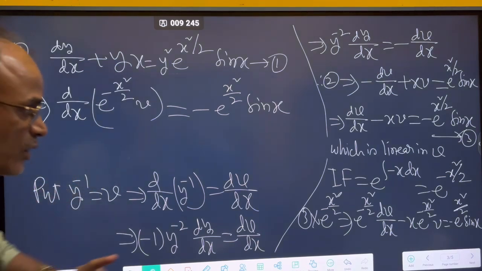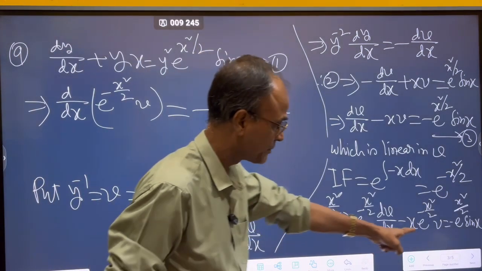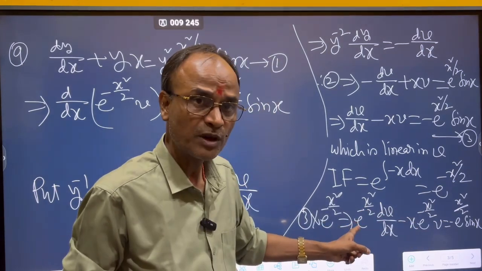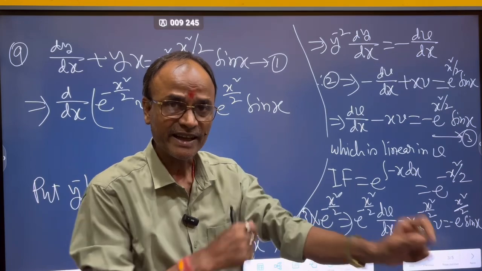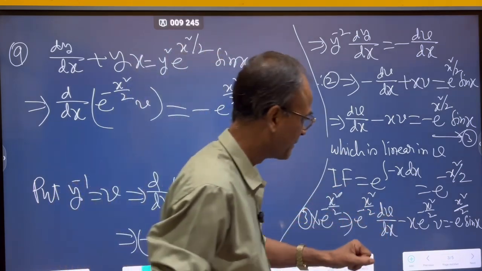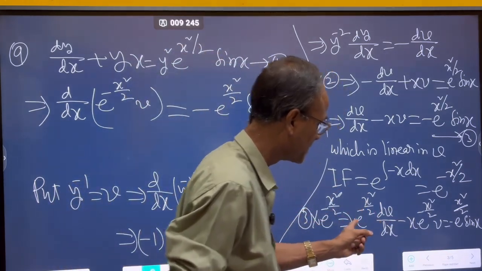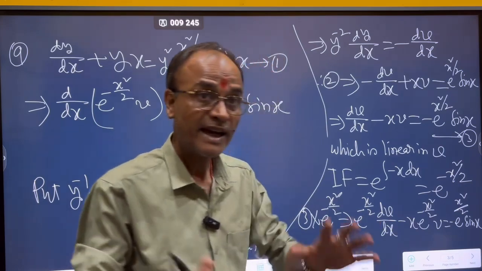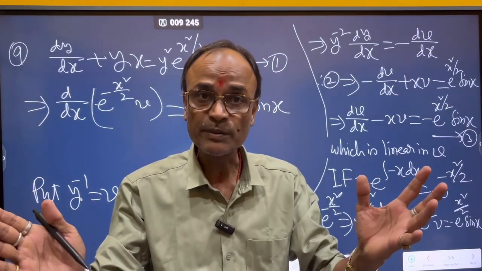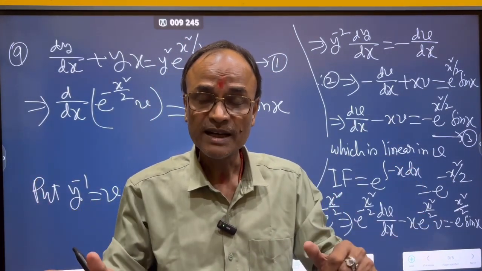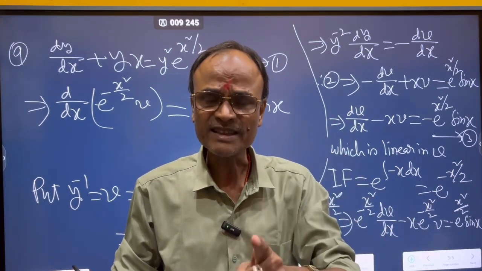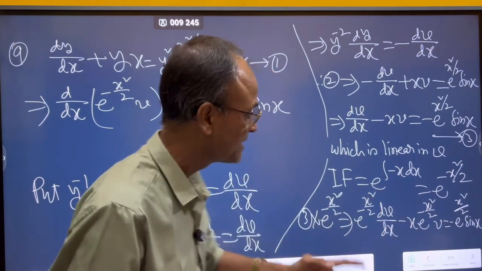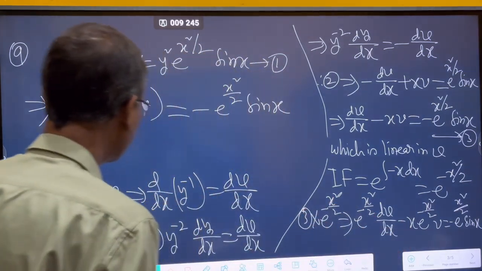Now, this can be written as the first function e to the power minus x square by 2 into differentiation of the second function dv by dx, plus v into differentiation of e to the power minus x square by 2. If you differentiate minus x square by 2, you get minus 1 by 2 into twice x, the 2 will be cancelled, minus x.